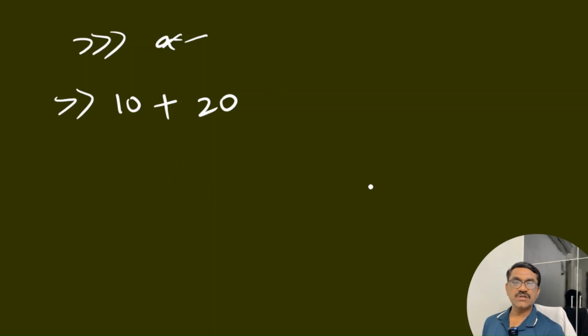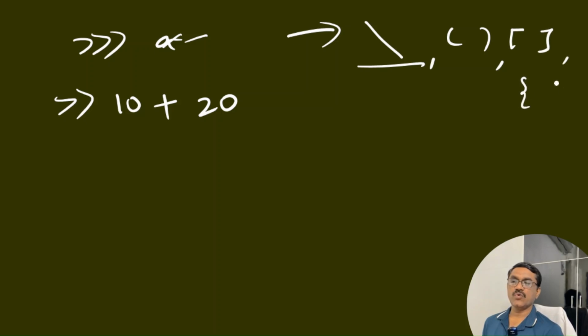Then what is the continuation operator you have to use? That is very, very important to implement multi-line statements. You can use the backslash symbol, or you can use parentheses, or square brackets, or opening and closing braces to represent multi-line statements in Python.